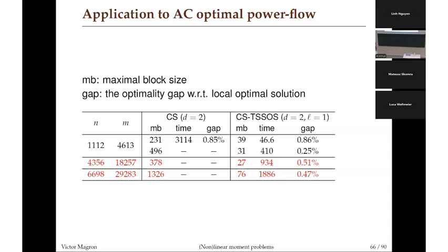And now if you do the combo, then the block size becomes ridiculously small. Now it's 40, for instance. And here you get a gap that is slightly worse because you introduce a bit of conservativity. But still, you can get really good gaps for these huge problems.